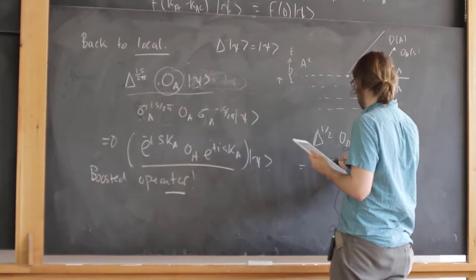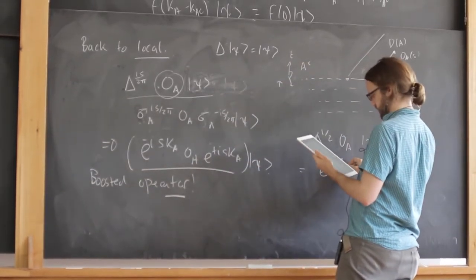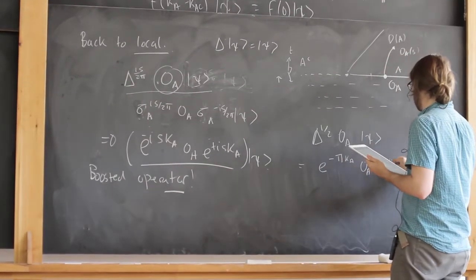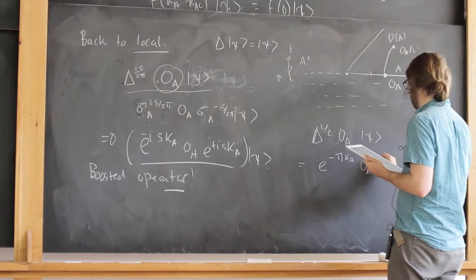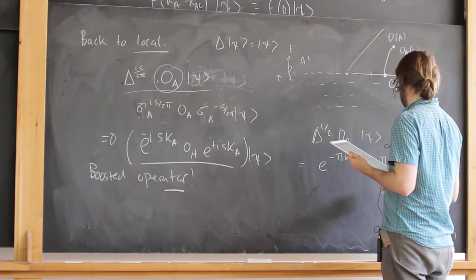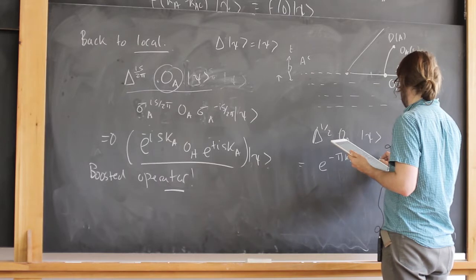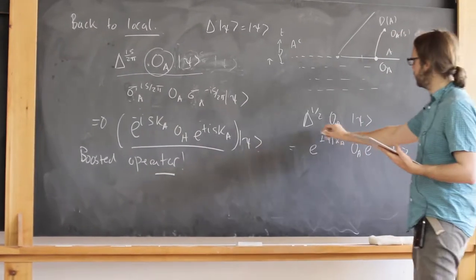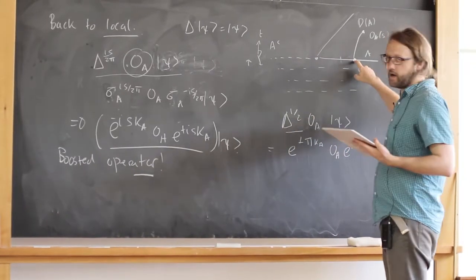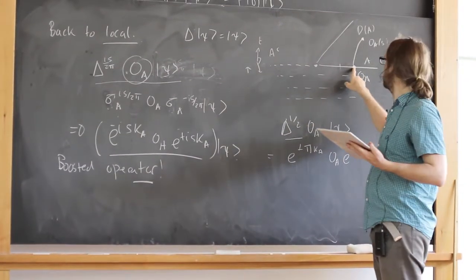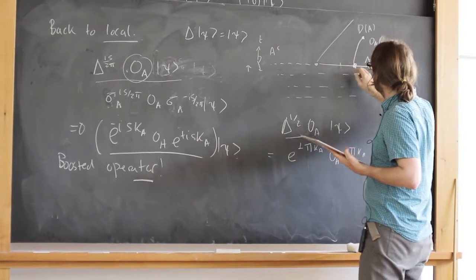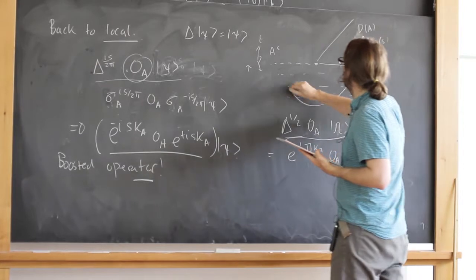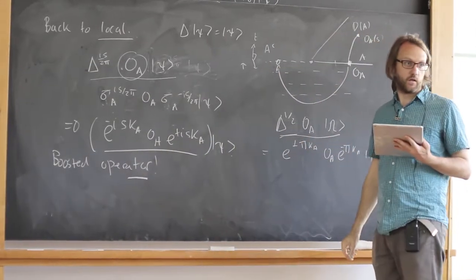So you just get pi, let me get this right. I think I have my signs wrong. So what does this do? It takes this operator and it rotates it around by pi. So if I started with an operator over here, when acting on the vacuum, in this case, what it does is it rotates the operator over here.